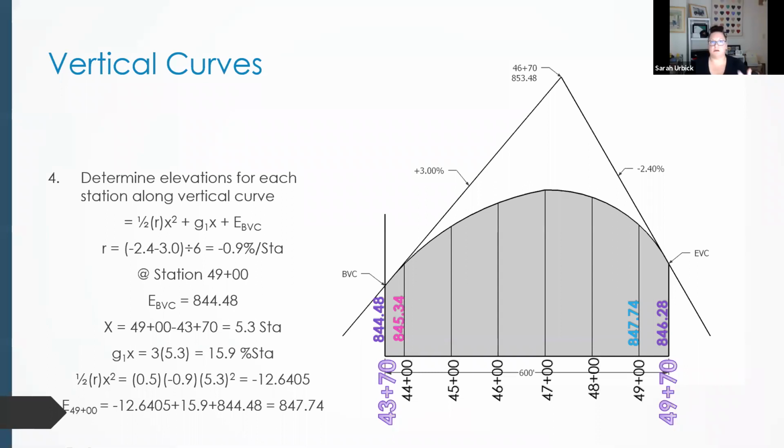G1 is a percent. R is a percent per station. Divide percent, flip the denominator, unit of measure. The percents cancel, we're left with number of stations. So it's 3 1/3 stations, or 333 feet. 3 plus 33.33, if you want to put it in station terms, or we can say it's 3.3 stations.